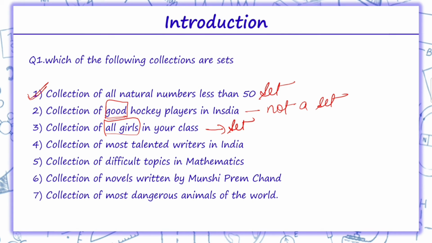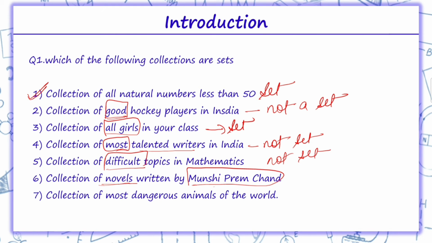Then collection of most talented writers in India. Again, most talented writers is not well defined, so we'll say it is not a set. Collection of difficult topics, again it is not defined, so it is not a set. Yes, collection of novels written by Munshi Premchand, it is well defined.